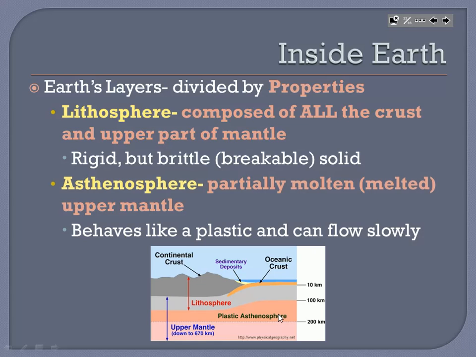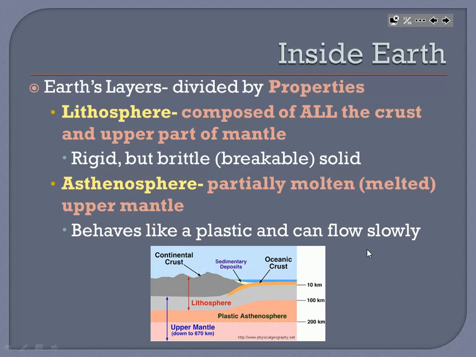It's not completely rigid and solid. It can flow very, very slowly. It's definitely not liquid, but I compare it to clay almost. Something that's malleable and movable, but generally still pretty solid. Like plastic, you can bend it and move it, but it can flow very slowly.